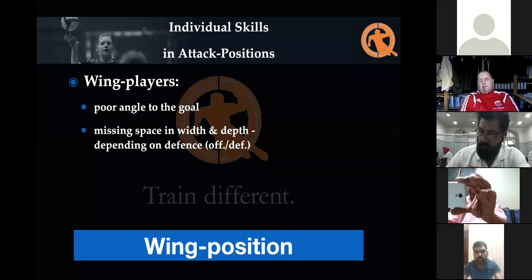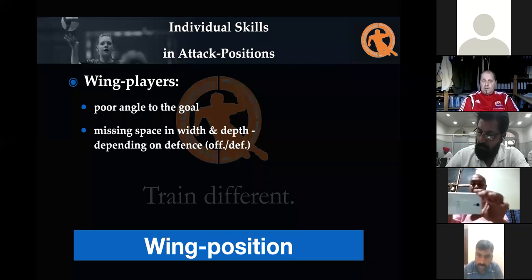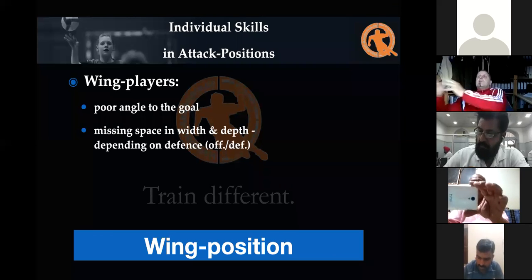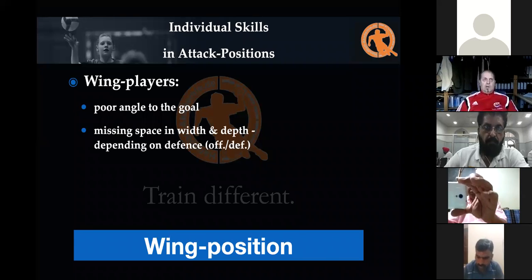And the second aspect, which is not very nice in the wing position, is that there is some space missing. Because if you move more inside to run free, try to create space in the width, then you decrease the space of the players in the backcourt.